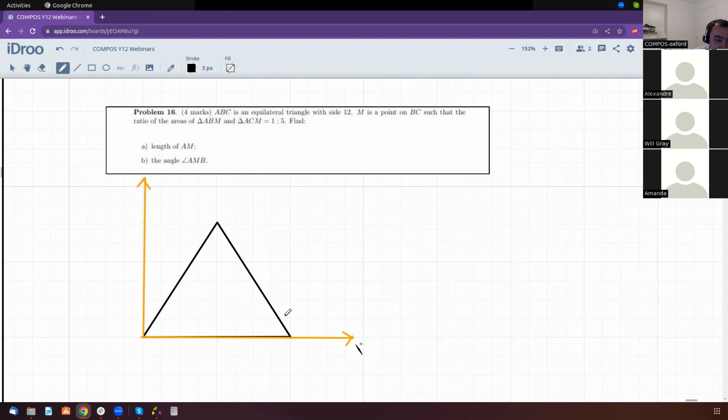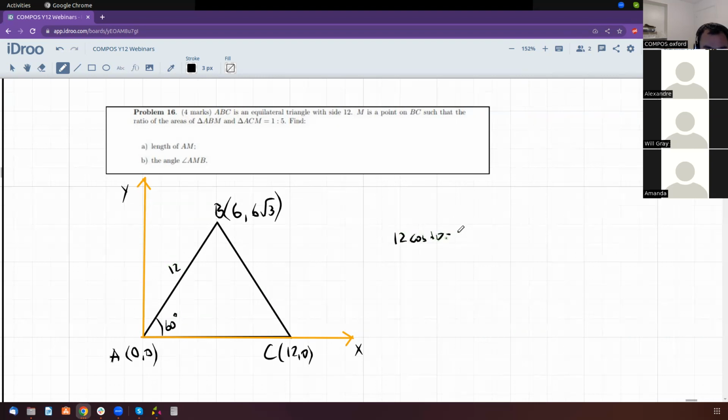So you have X, Y, this is 0, 0, this is A, this is C, which is 12, 0, and this is B, which is 6 and 6 square root of 3, because this is 60 degrees, this is 12, so 12 cos 60 is 6, and 12 sine 60 is 6 square root of 3.